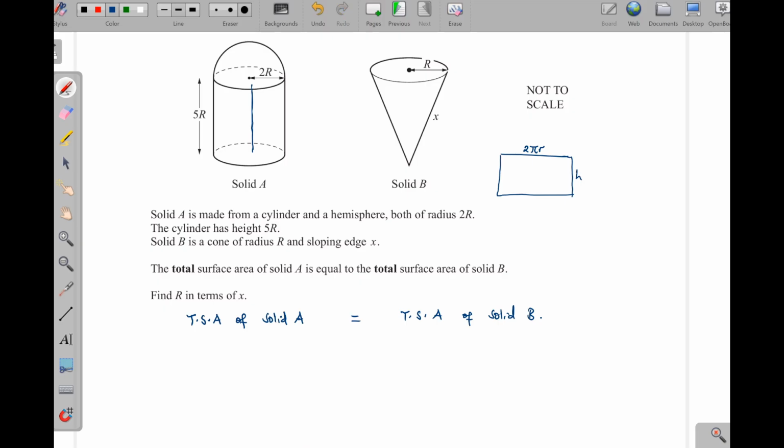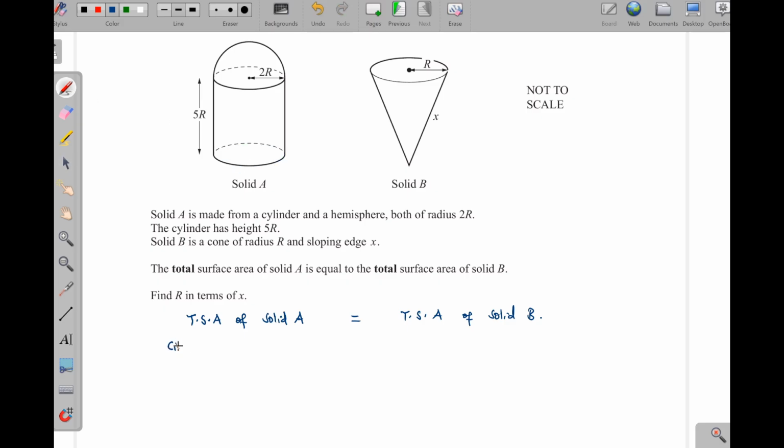The height remains. So for this case, maybe it is the 5r. So that's why the curved surface area of a cylinder is equal to the area of the rectangle, which is 2 pi r, that is its length, then the h. Okay? All right. Now, these ones are actually given in the list of formulae. Okay? So here we shall have the circular base.